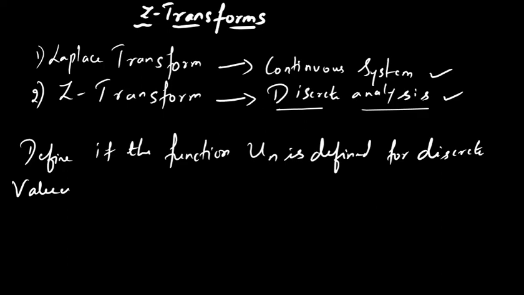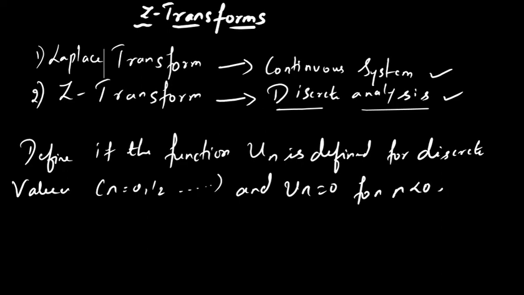Say the values of n range from 0, 1 and so on, and u_n is equal to 0 for n less than 0.